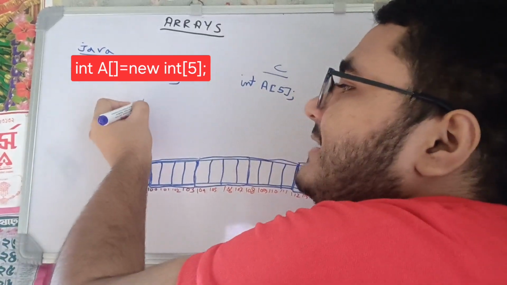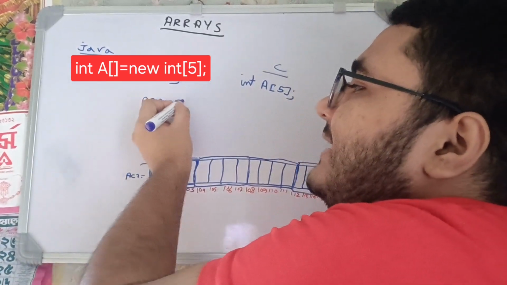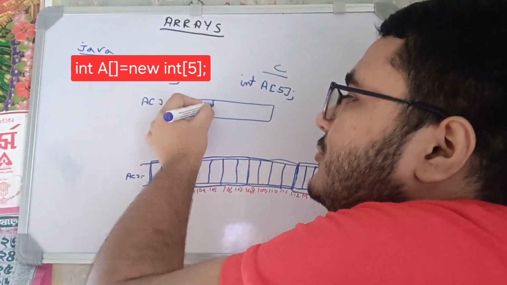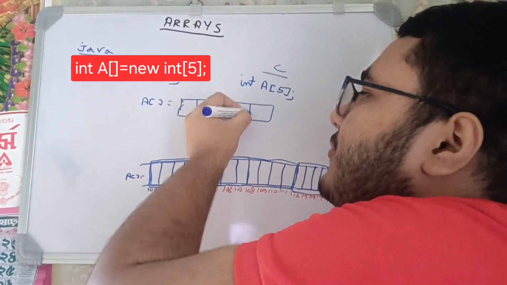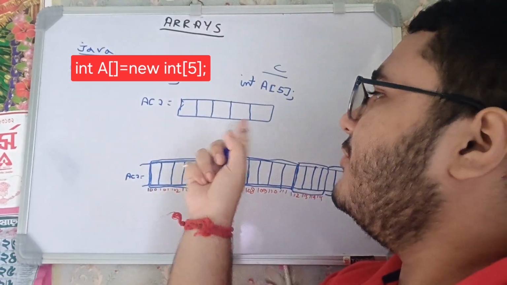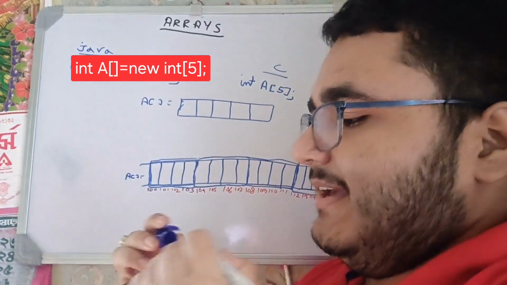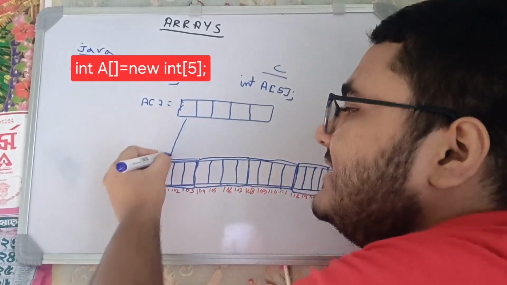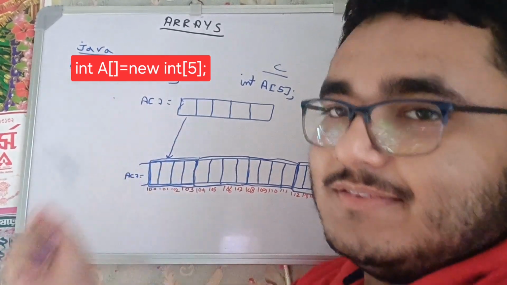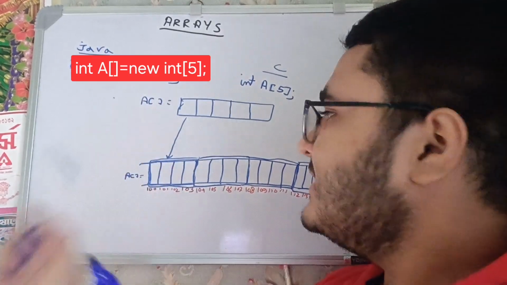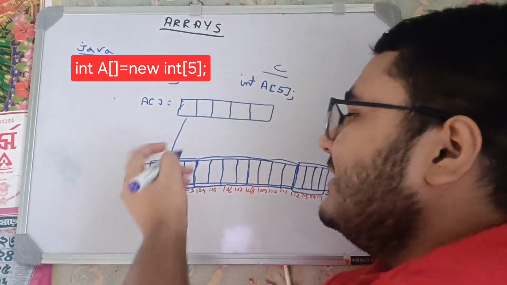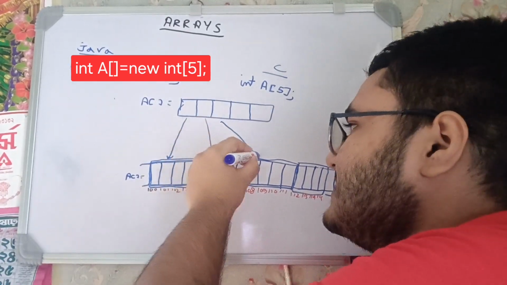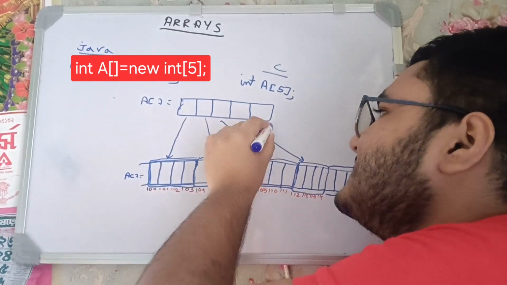It will have 5 slots, 1, 2, 3, 4, 5, and if I zoom into each slot, as this is an integer array, each slot will have 4 bytes.